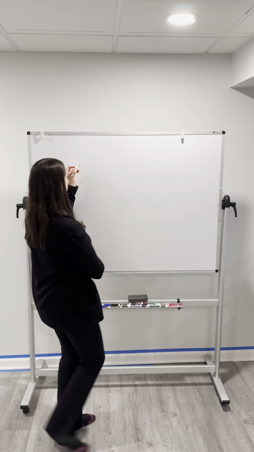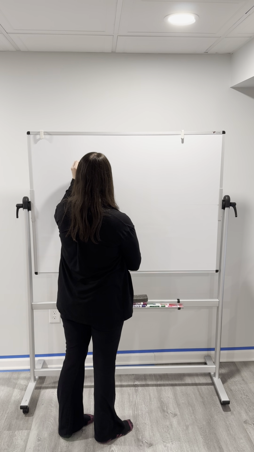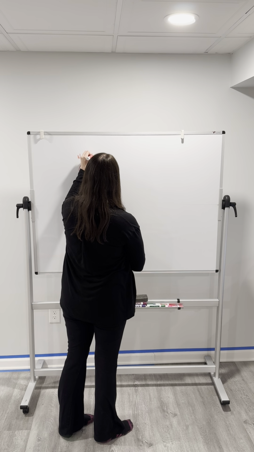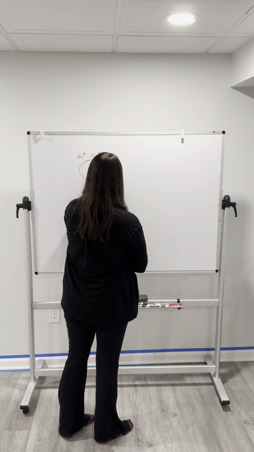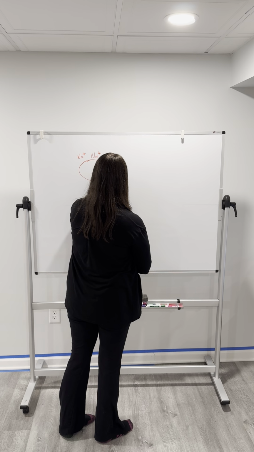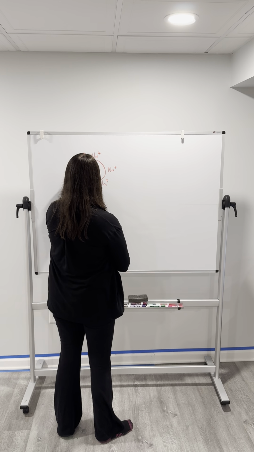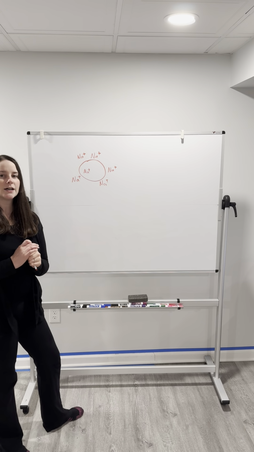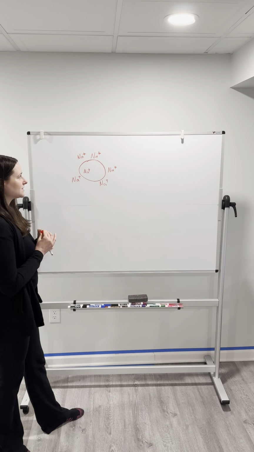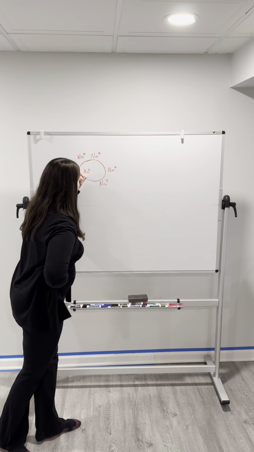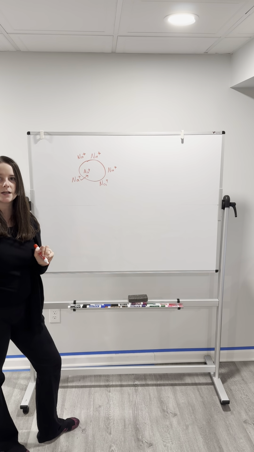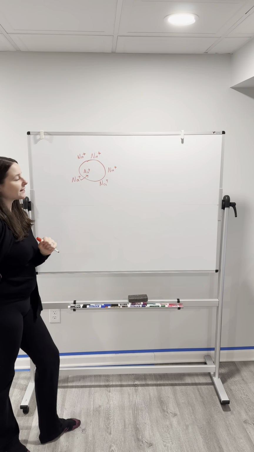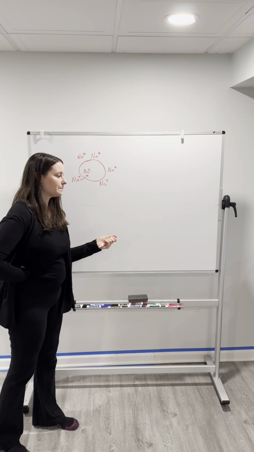So if we have our little basic cell here, and we have a lot of sodium outside of the cell, but only a little bit of sodium inside the cell, its natural concentration gradient is more concentrated outside versus inside, so it's going to want to move into the cell, okay?